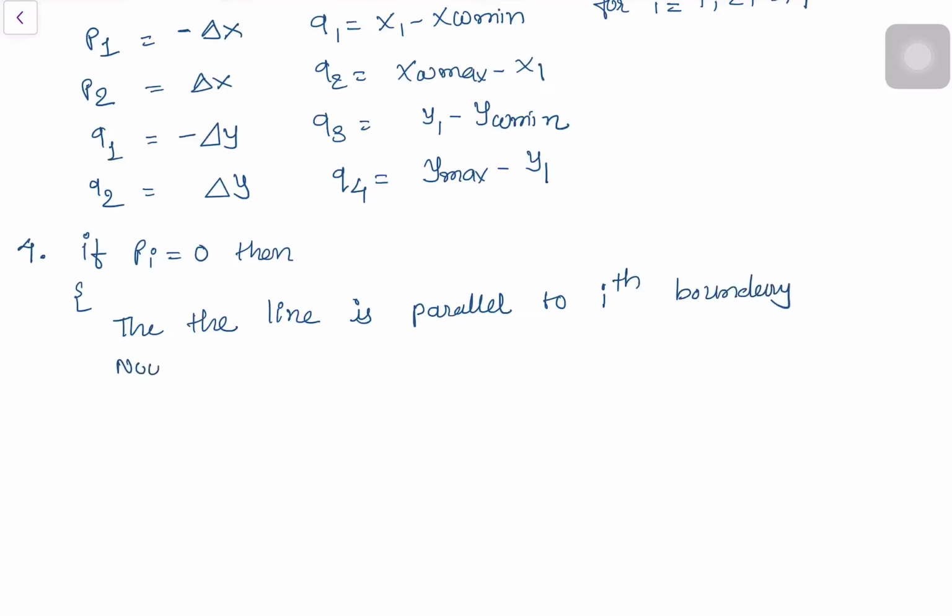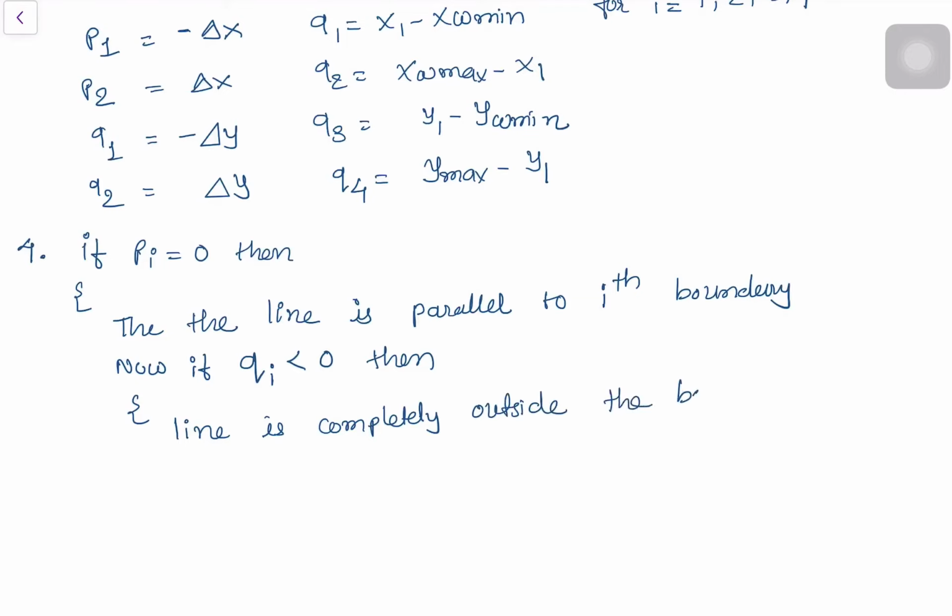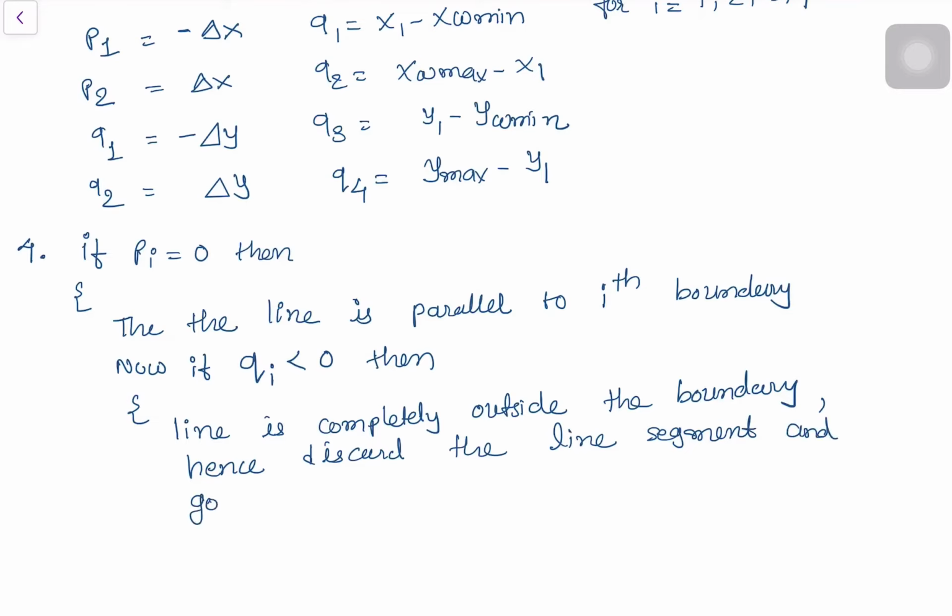Now if Qi is less than 0, then the line is completely outside the boundary. Hence, we have to discard the line segment and go to stop.